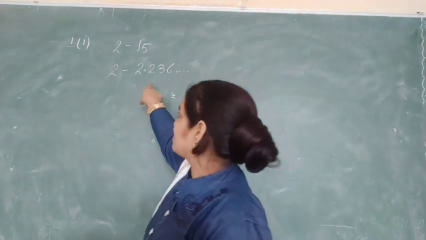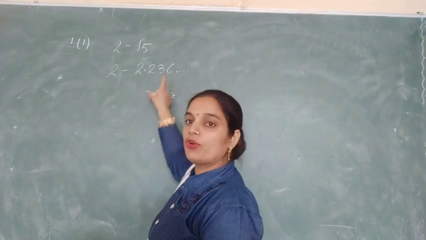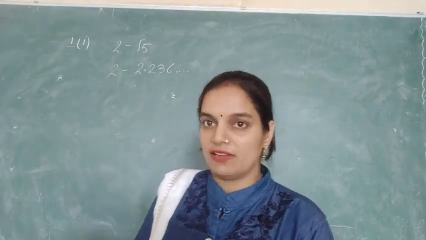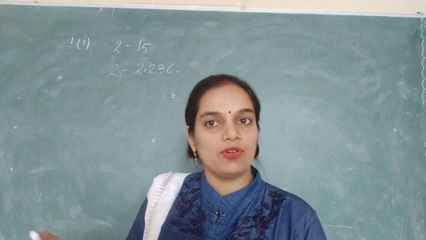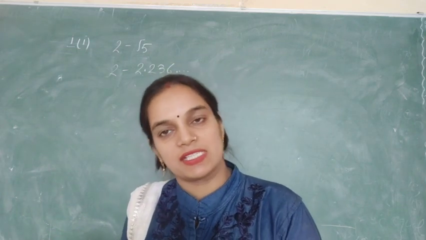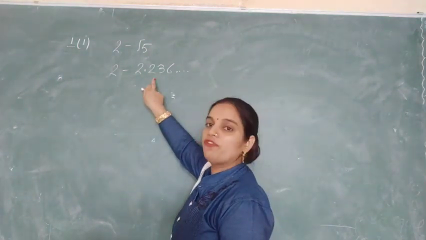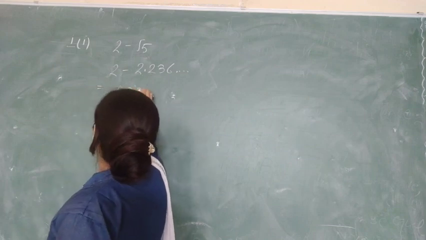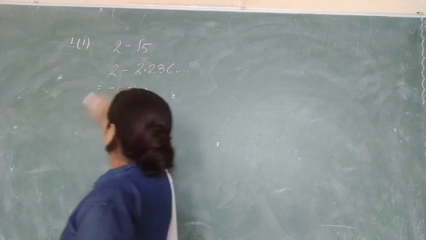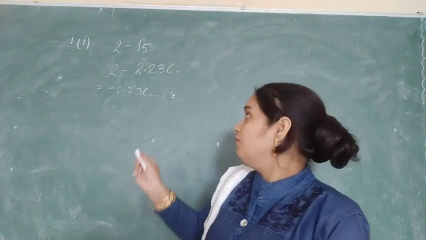Here the decimal expansion is non-terminating and non-repeating because there are no digits which repeat themselves, or we can say there is no set of digits which is repeating itself. So now we subtract the value of root 5 from 2, we will get 0.236 and so on, and this value will be in the negative sign.